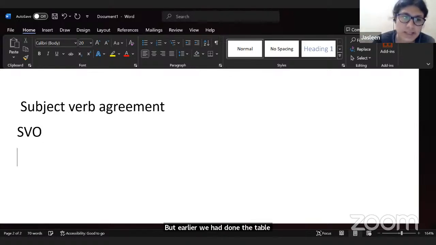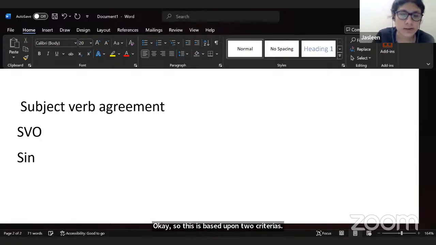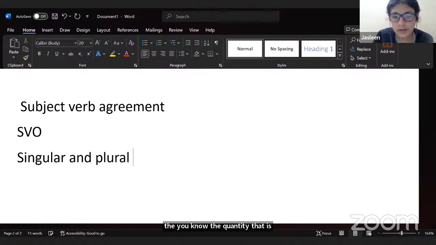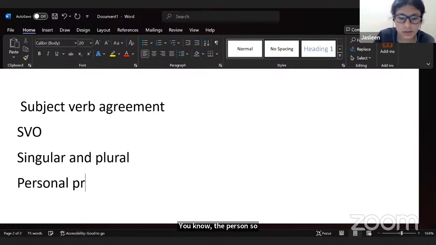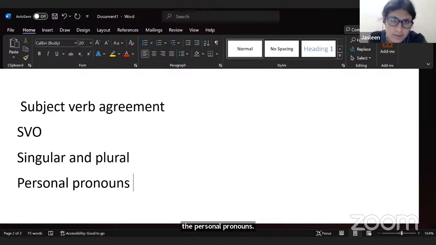This is based upon two criteria. The first one again is the quantity, that is singular and plural. And the other thing is the person. So the personal pronouns are also very mandatory when you look at subject verb agreement.